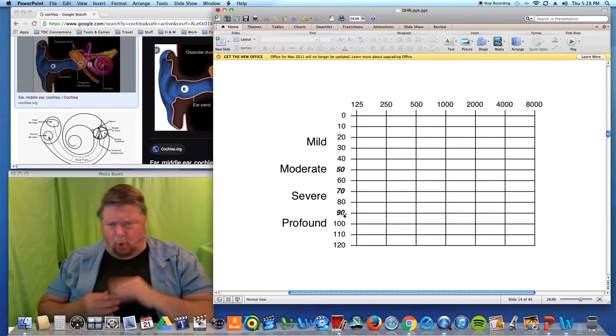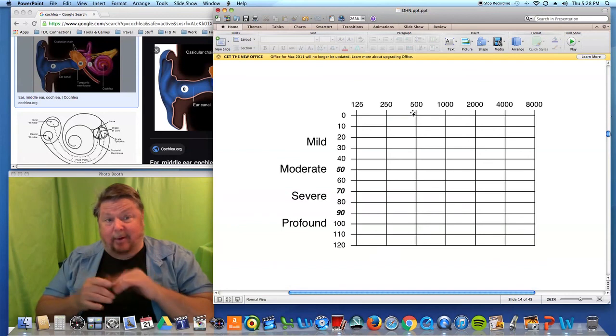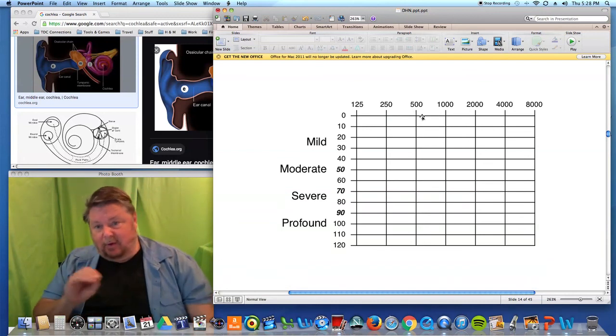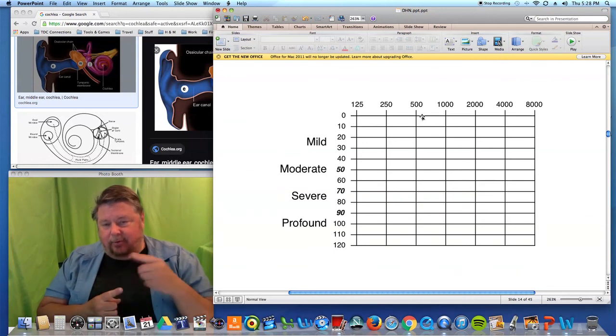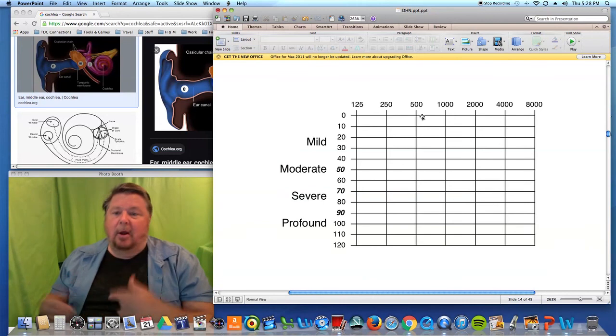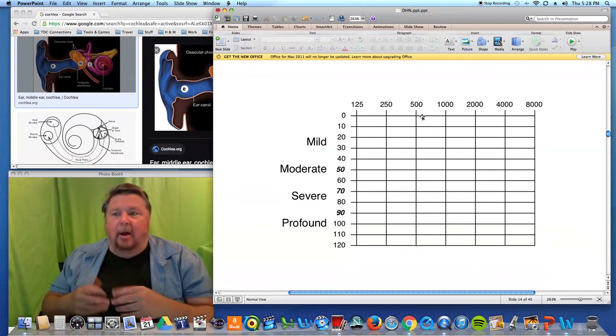Okay, so you have different frequencies of sound. You have your low frequencies, which is probably around 500 to 1,000, somewhere around 750 cycles, frequency, not decibels. 125 is very low. I think a jet airplane has some of that element in it.